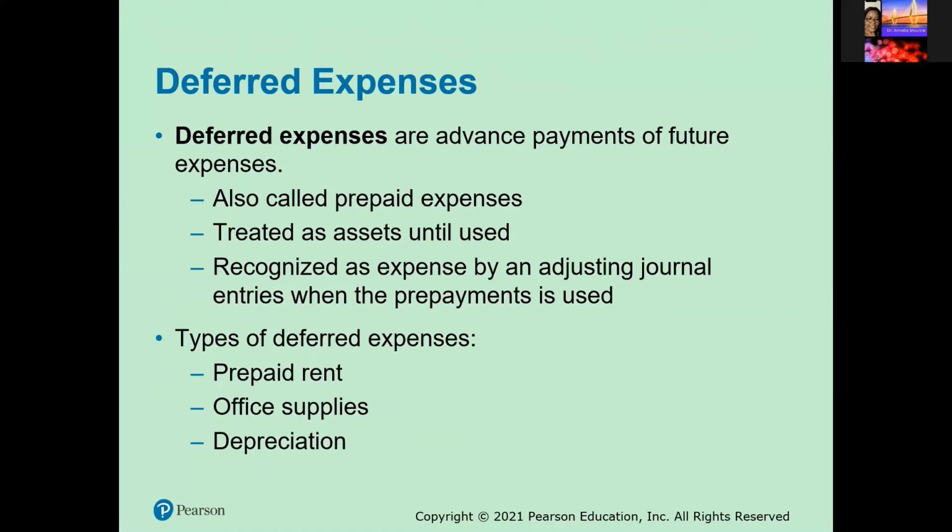When the prepayment is used up, the used portion of the asset becomes an expense via an adjusting entry. Types of deferred expenses: prepaid rent, office supplies, depreciation. In our next slide, we're going to show an example of prepaid rent.